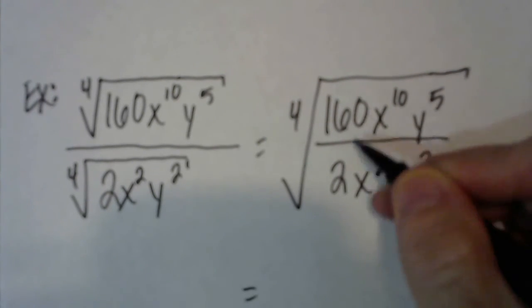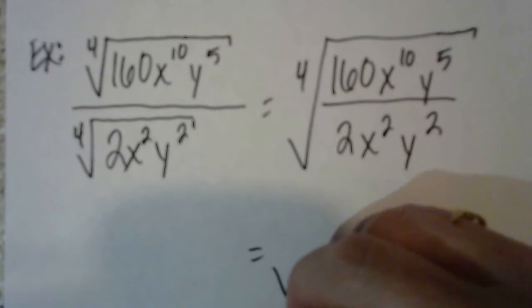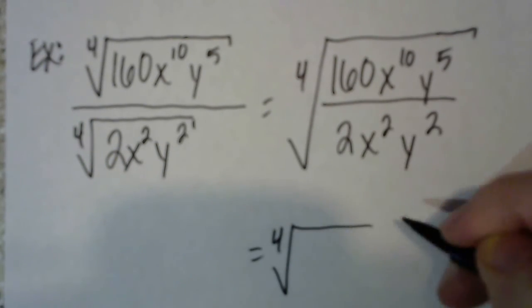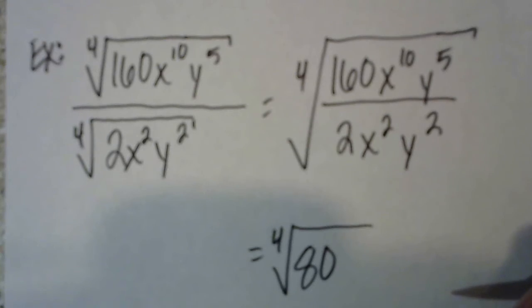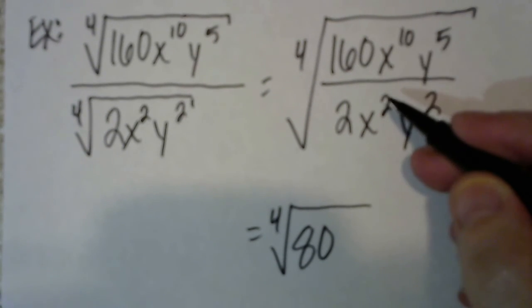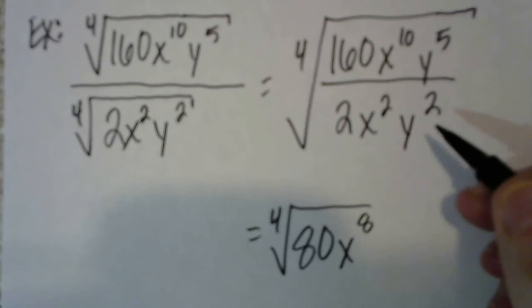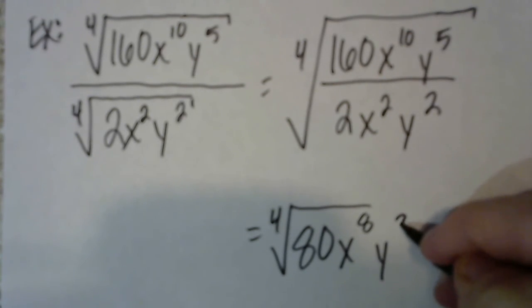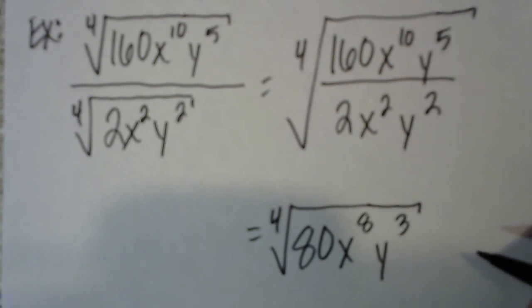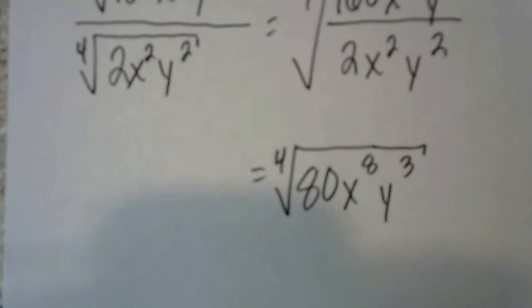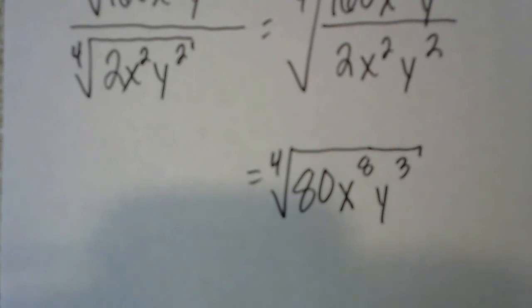This is going to give me 80. 160 divided by 2 is 80. 10 minus 2 is 8. 5 minus 2 is 3. So now I just have to simplify this radical.